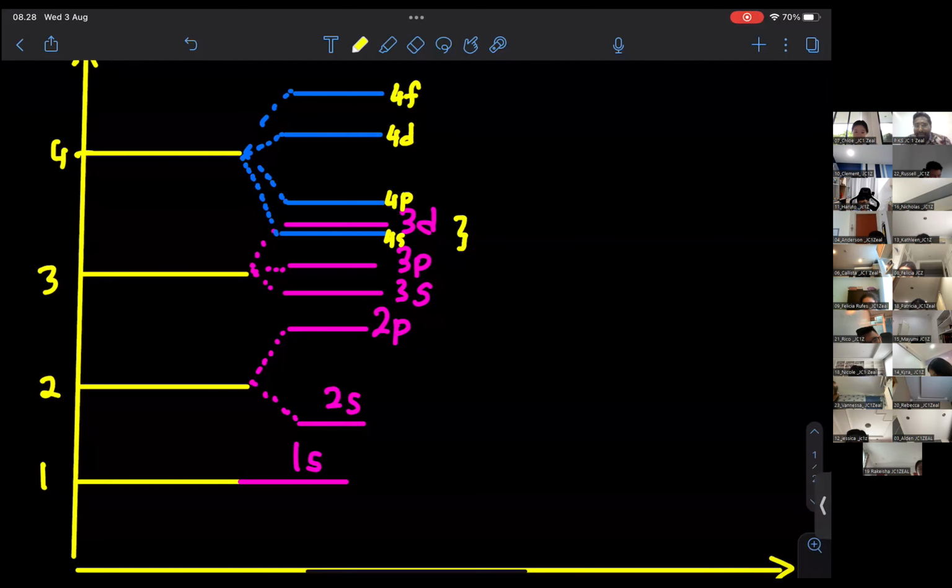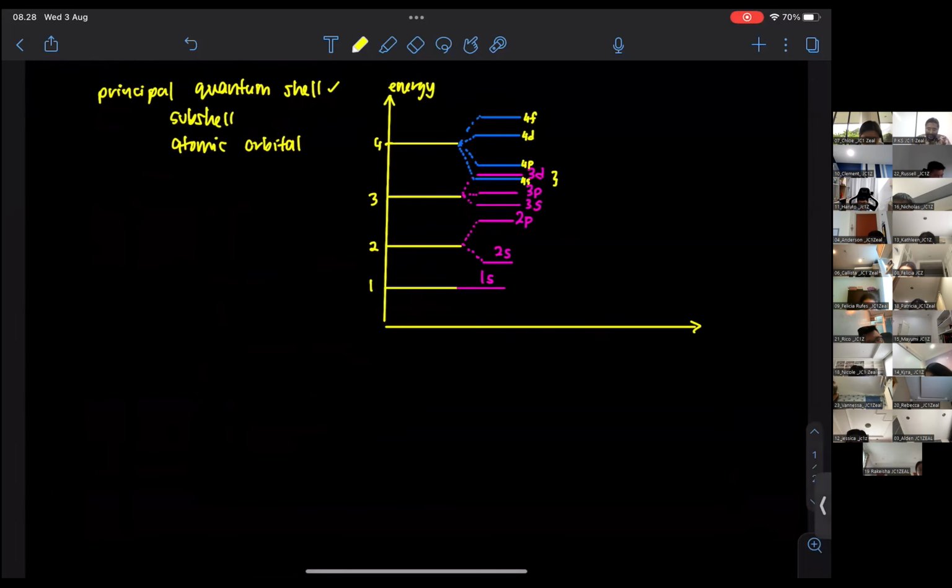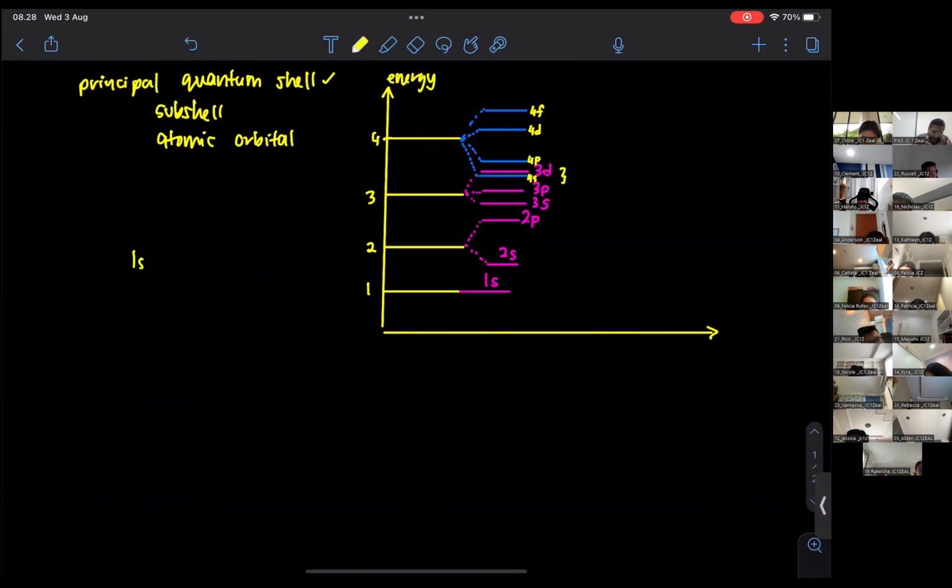So the electrons will fill up 4s first before they go to 3d. This is the better explanation when I draw 1s, 2s, 2p, 3s, 3p, 3d, and then 4s, 4p, 4d, and 4f, and so on, 5s and so on.